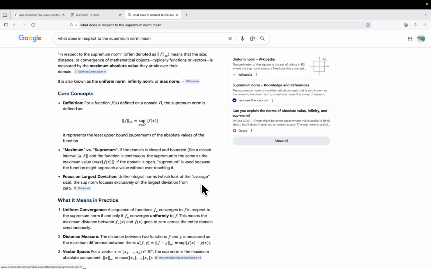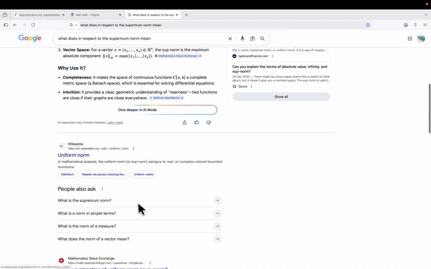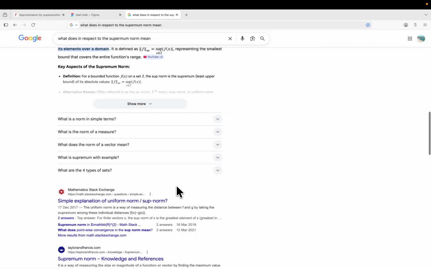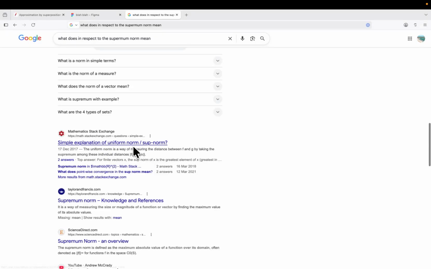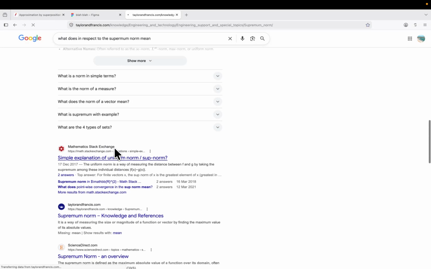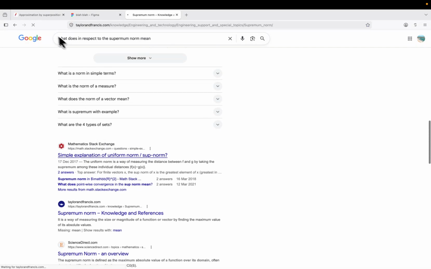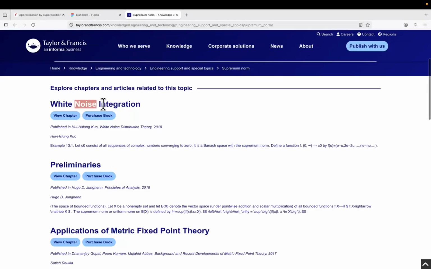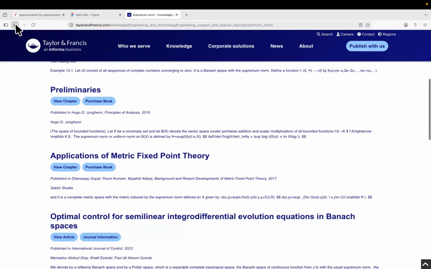Is it a closed and bounded distance? What is the supremum norm? Is the supremum norm the same as the maximum norm? Okay, we don't care. It's probably going to work. Not interested in the integral.